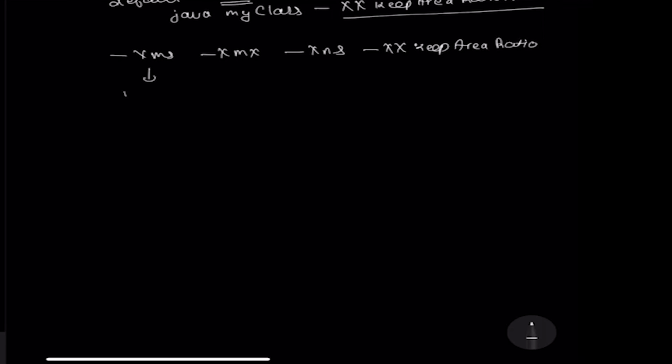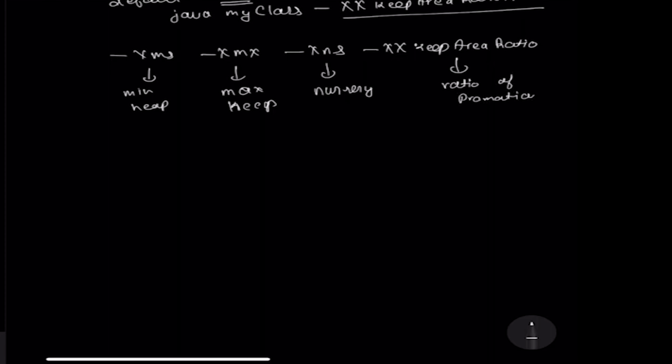So this is the min heap, this is the max heap, this is the nursery, and this is the ratio of promotion from young to old generation. These are some of the parameters which we can use to regulate our heap size.